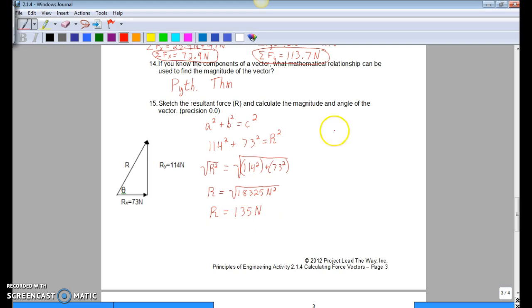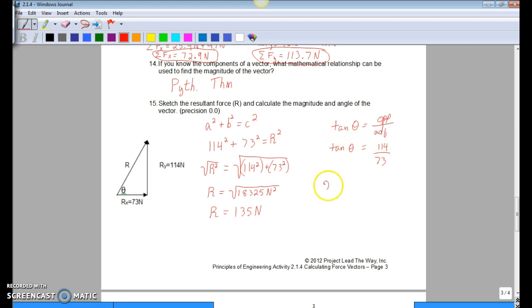Now the theta is, so if we did tangent theta equals opposite over adjacent, we find opposite of that is our R sub y, 114 divided by 73.